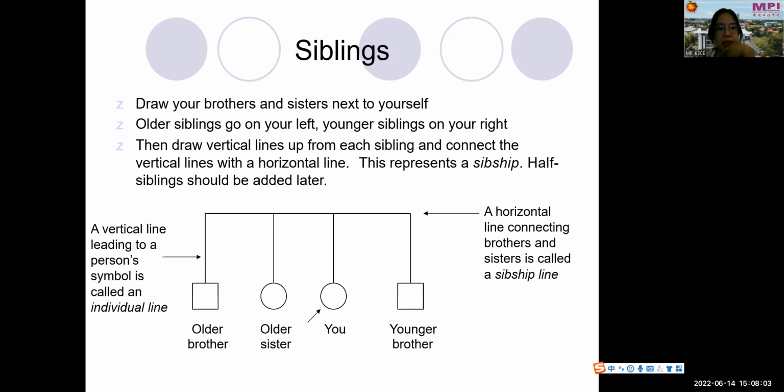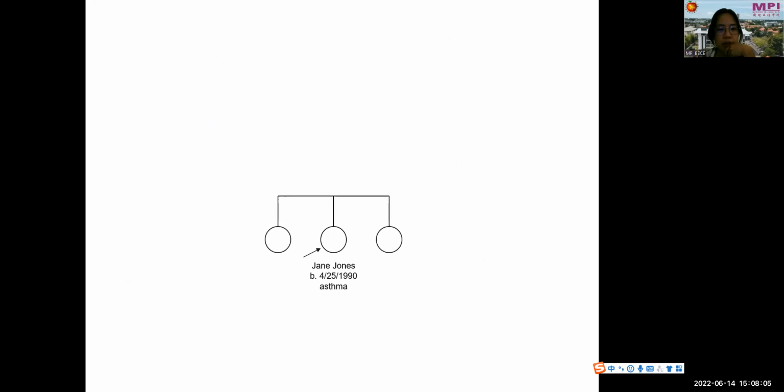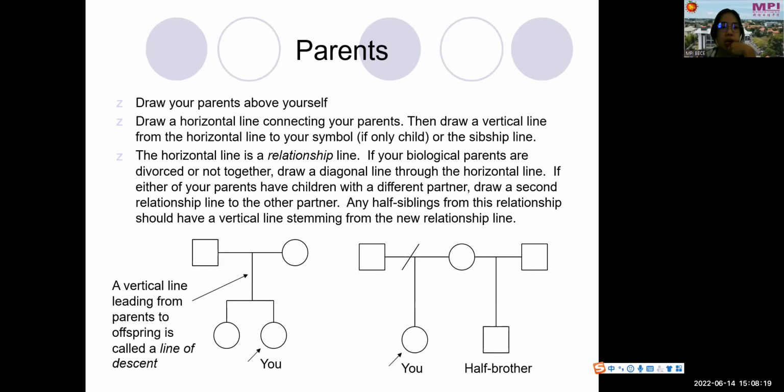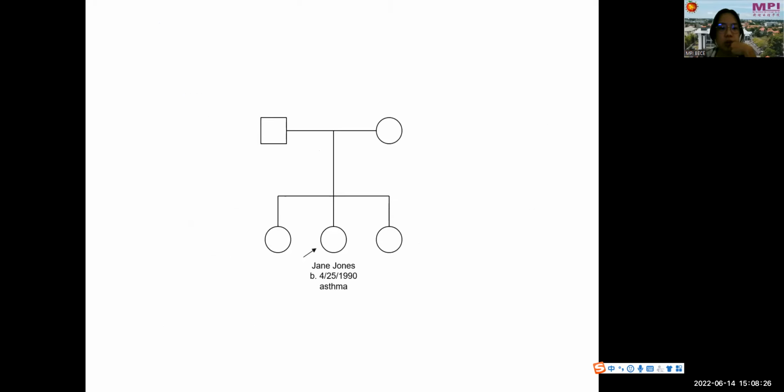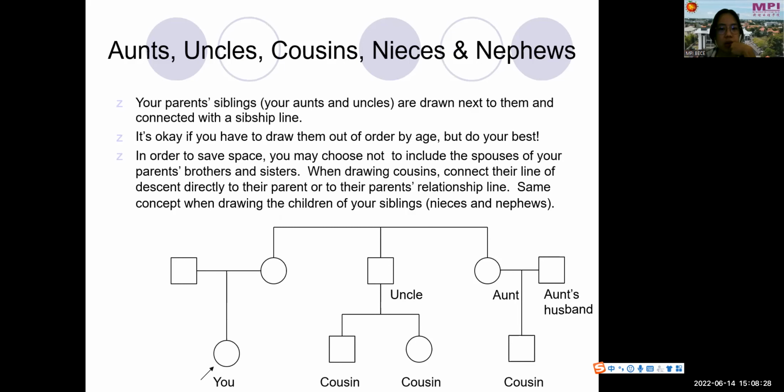So this one is the sibling side, and just now you have been drawing on it already. Then you can mention their names and their birth dates. If they have any health problems, you can add them on. Okay, then after that, your parents, same as well. Then aunties and uncles.